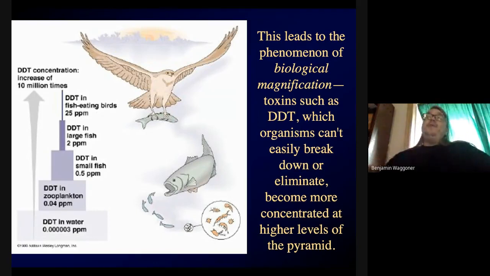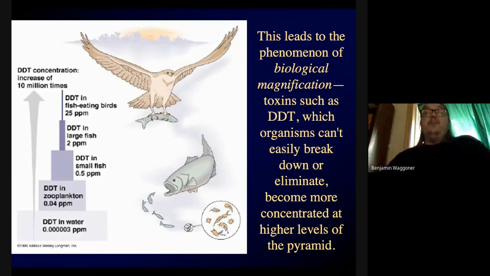The problem is that algae, the little green scum things living in the water, take up DDT. And every one of those little shrimps in the zooplankton might eat thousands of algae in its life, and the DDT will build up in them because they can't break down the DDT and they can't poop out the DDT.